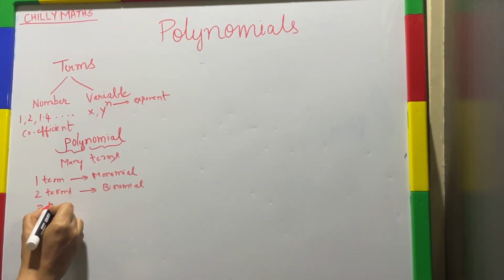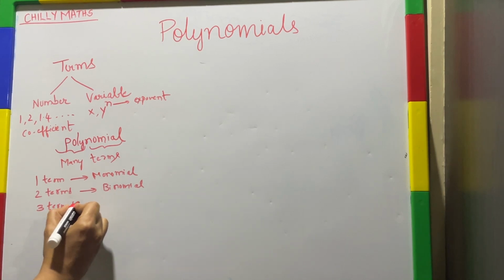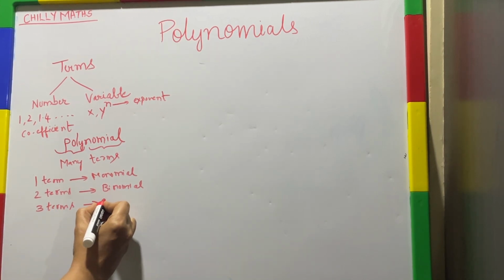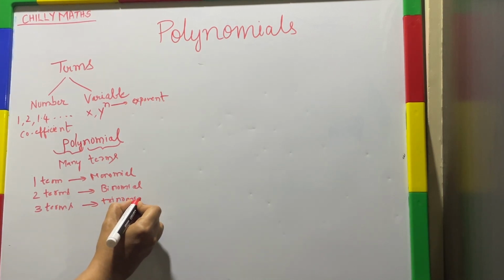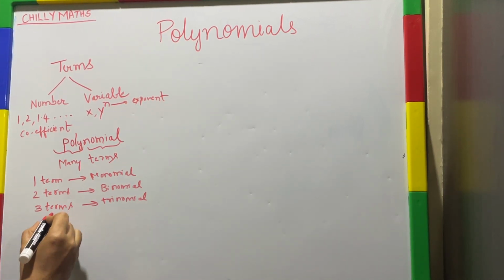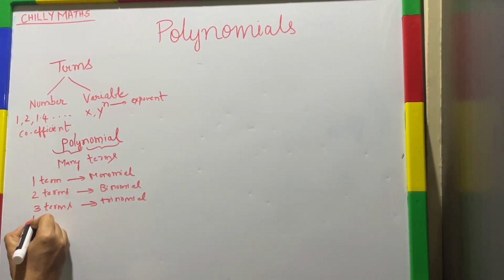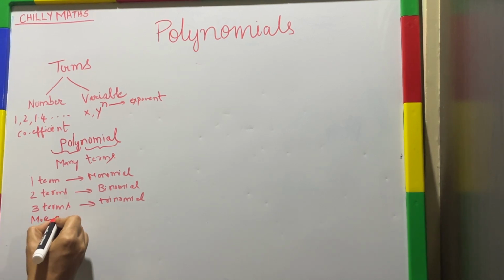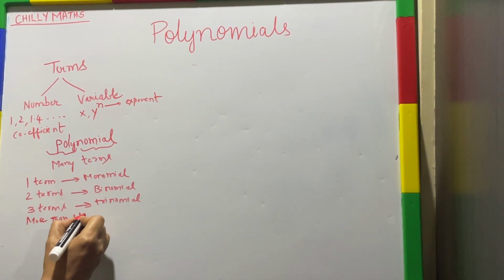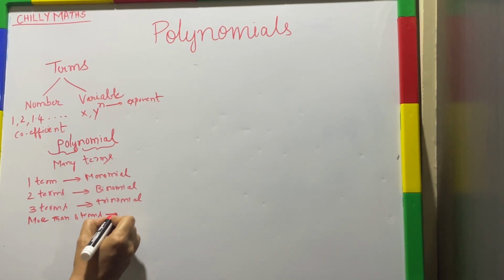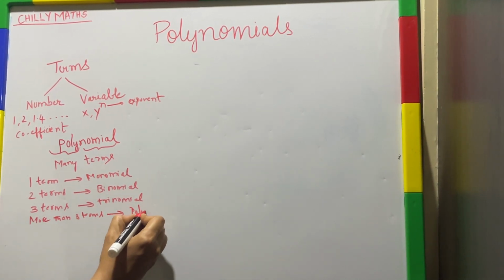If it has three terms, then it is called as trinomial. If it has more than three terms, then it can be called as polynomial.